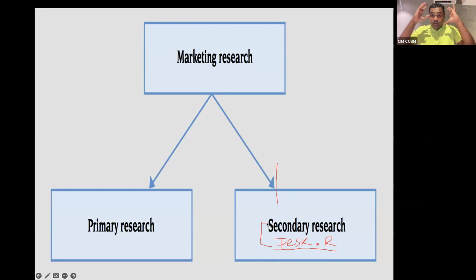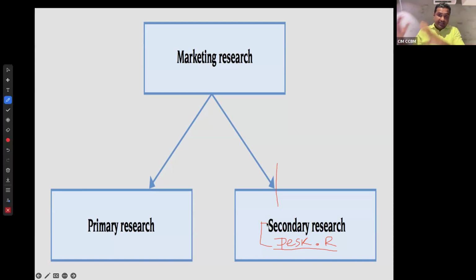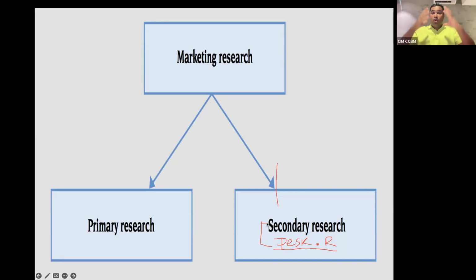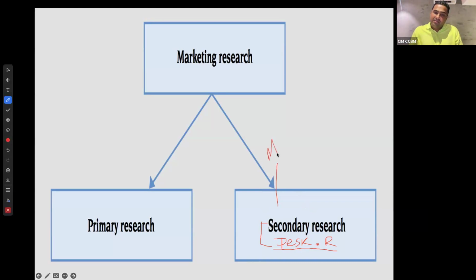This is the data that you already have, either inside the organization or outside the organization. Data that you already have that you will use to solve a research problem. So for example, let's say inside your organization, the marketing department has a lot of records: sales records, invoicing, all that.